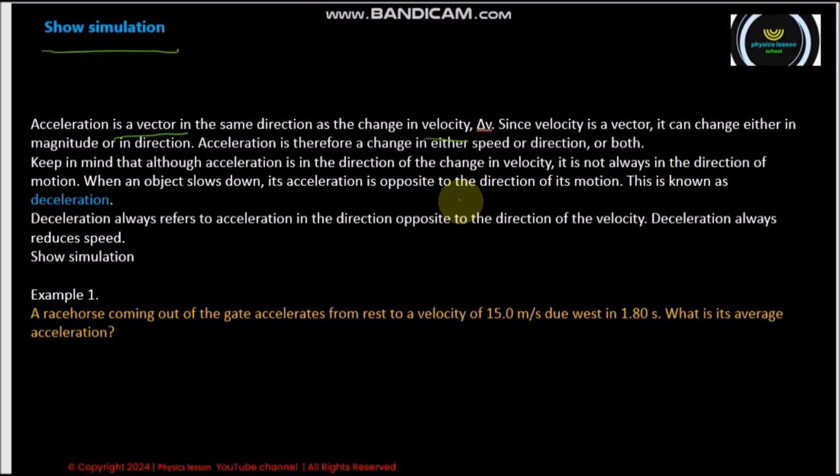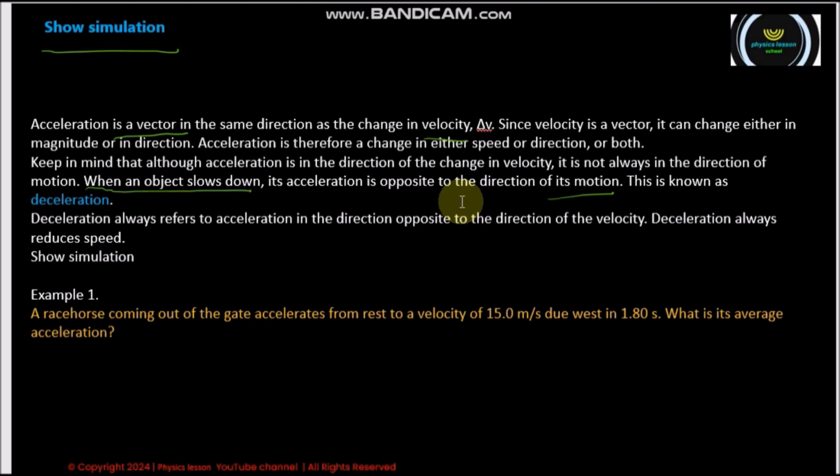When an object slows down, that means the speed is decreasing, and its acceleration is opposite to the direction of its motion. Such motion we call deceleration.